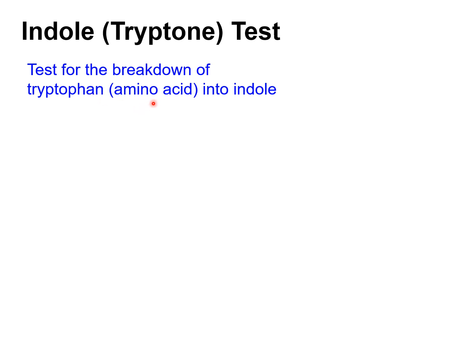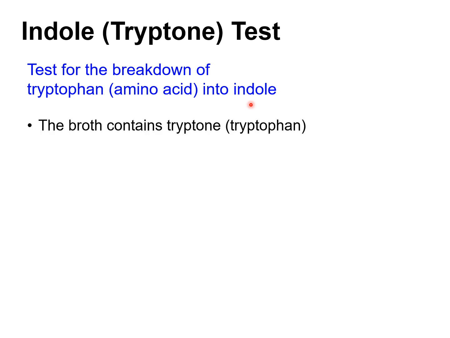Now, it's going to tell you whether your bacteria is capable of breaking down that amino acid, and if it does, then the bacteria is going to produce a product called indole. So if tryptophan is broken down, it's going to be broken down into something called indole, and that's why we call it the indole test, okay? Because the indole is going to be the product of the tryptophan being broken down.